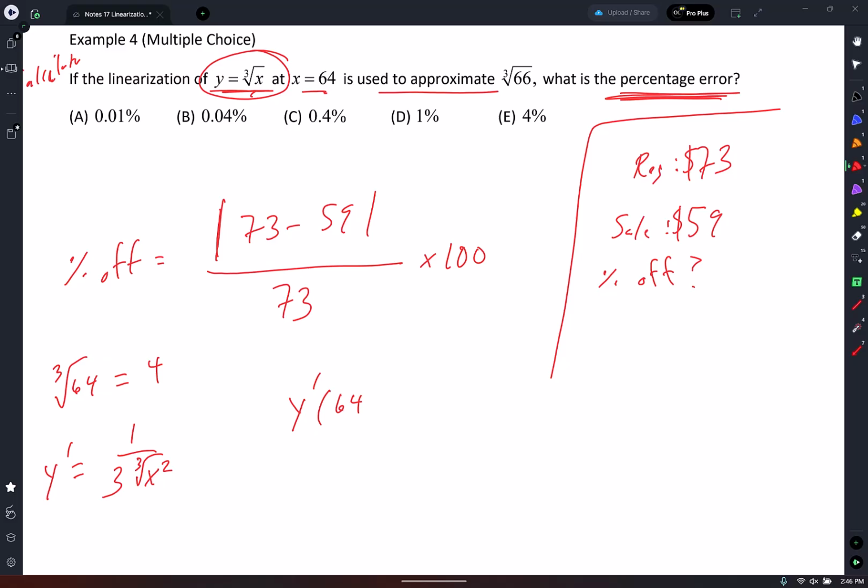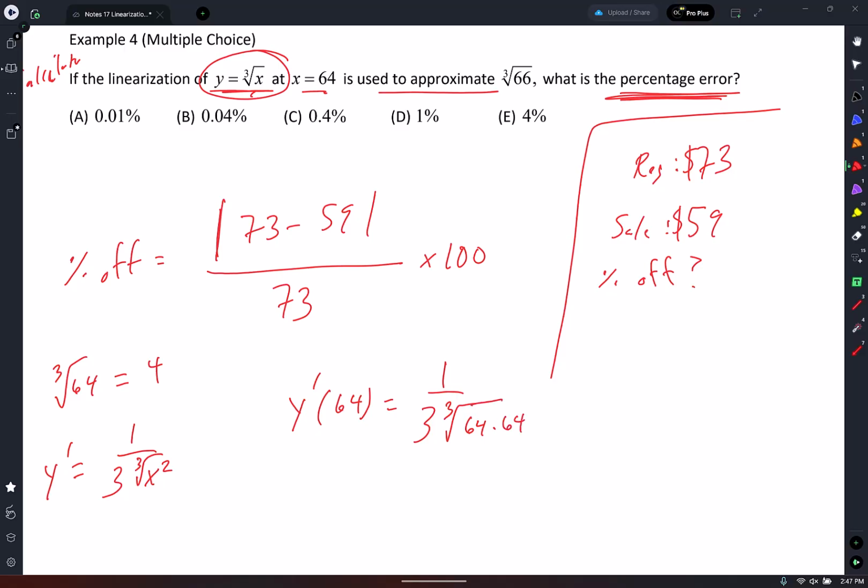All right, here we go. y prime of 64 equals, y'all ready? 1 over 3 cube root of 64 squared, which just means 64 times 64.